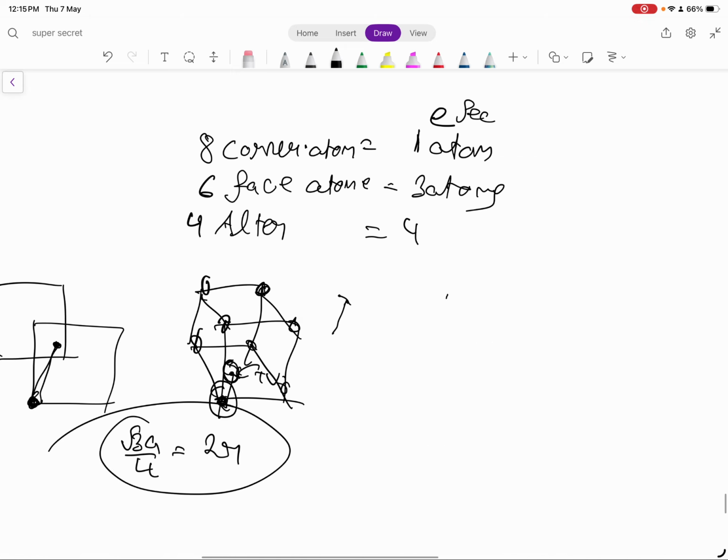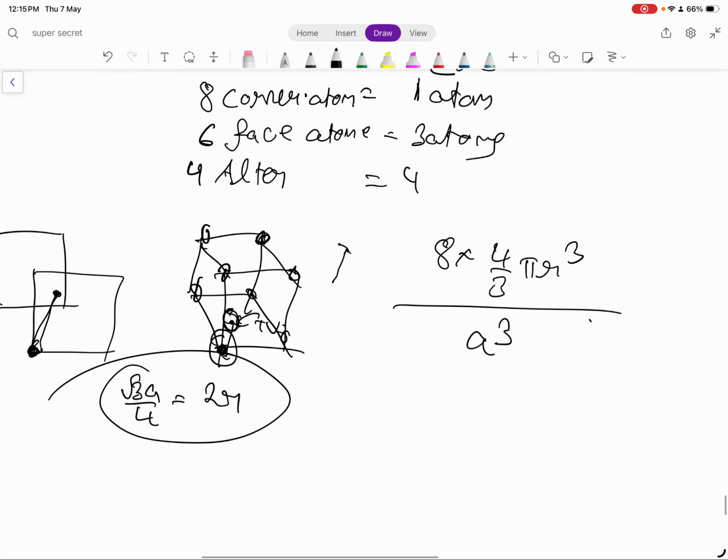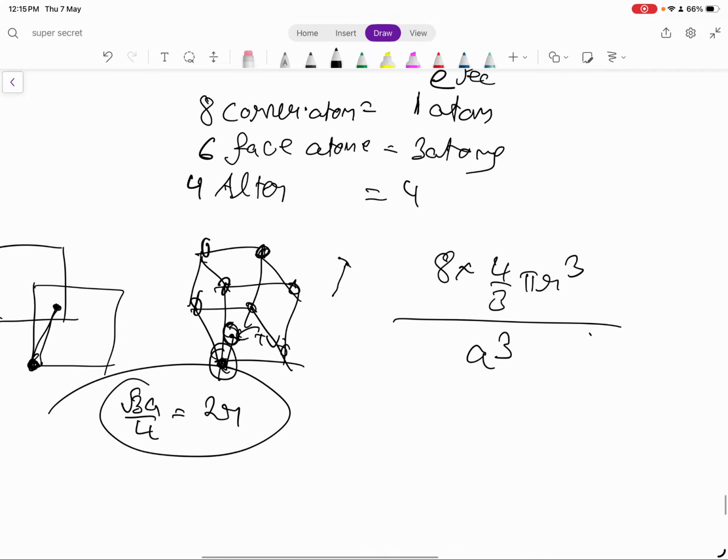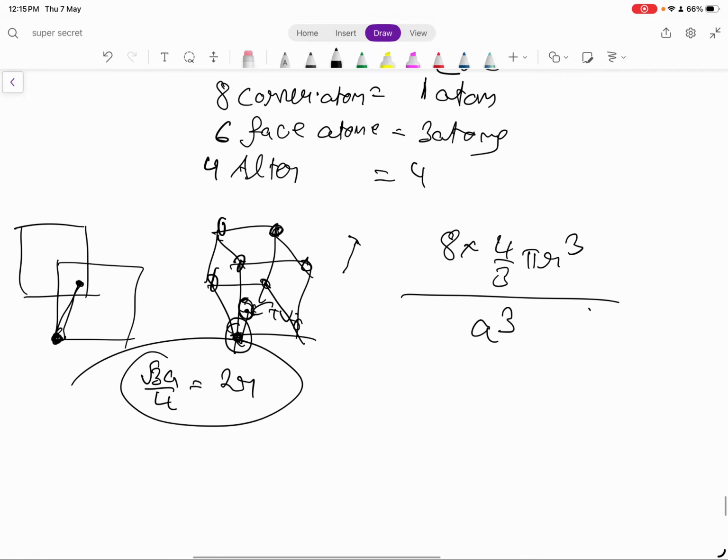So we have 8 total atoms into 4 by 3 pi r cube volume per atom divided by a cube, the volume of the cube. So r by a is equal to root 3 by 8. This whole cube is equal to 3 root 3 by 8 into 8 into 8.